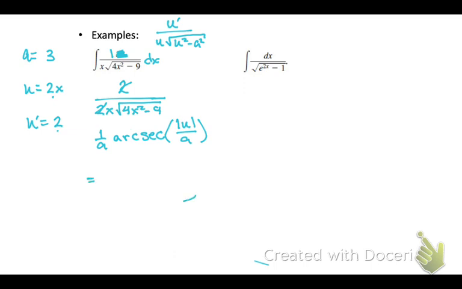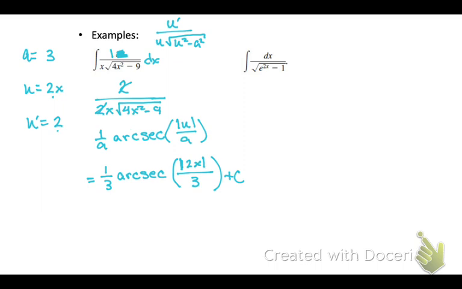Okay, so that's going to be 1 over 3 arcsecant of the absolute value of 2x over 3 plus C. So once you identify, and sometimes you're going to have to do some manipulation, sometimes you're not.